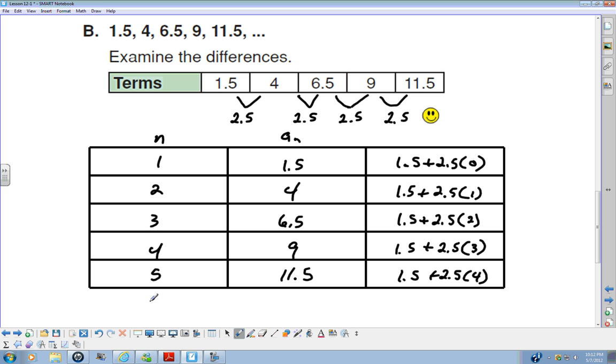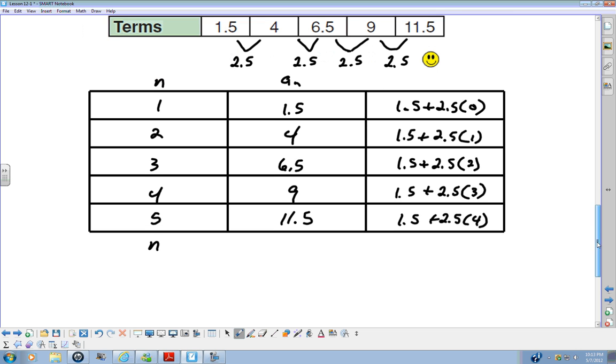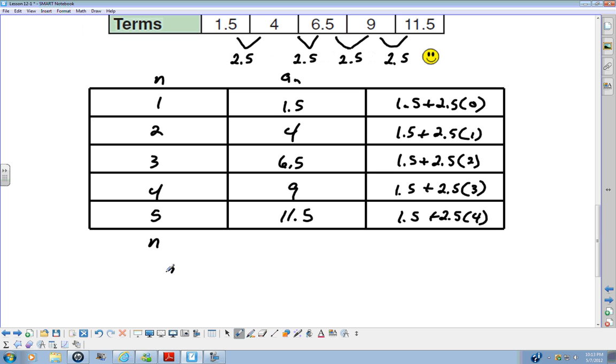So if we have our nth term, then our rule would be a sub n equals 1.5 plus 2.5 times, and you notice once again our values over here in the parentheses are 1 less than the term number, so this would be n minus 1.